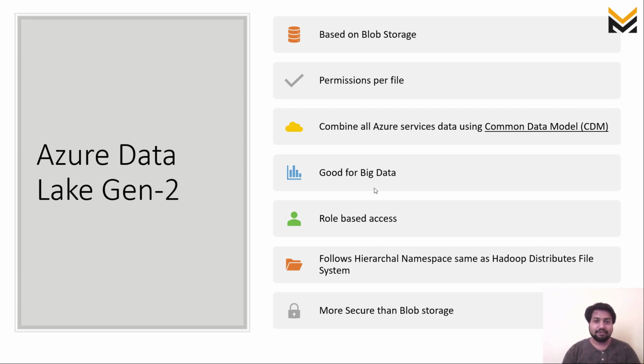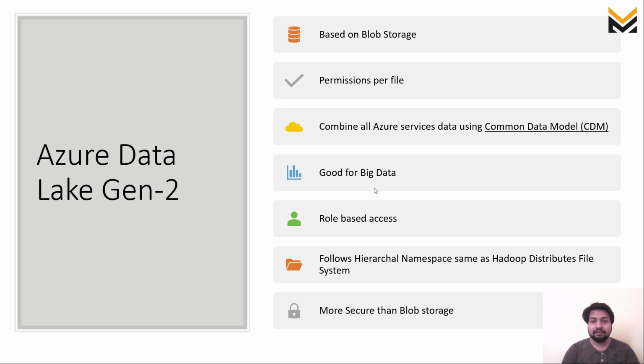For example, if you have 10 files and 5 contain sensitive data, then you can provide access to a particular file to a person specifically, and decide what kind of permission you want to provide, like read write permission or read only permission. And we provide the role based access, which is also part of this.